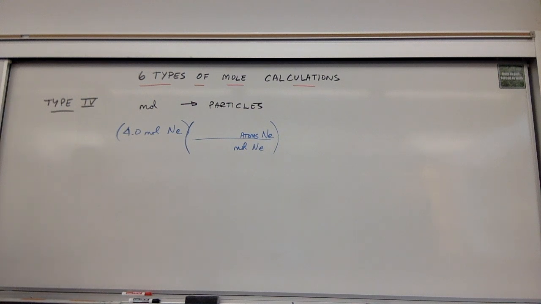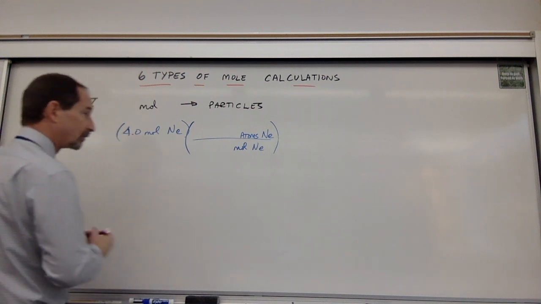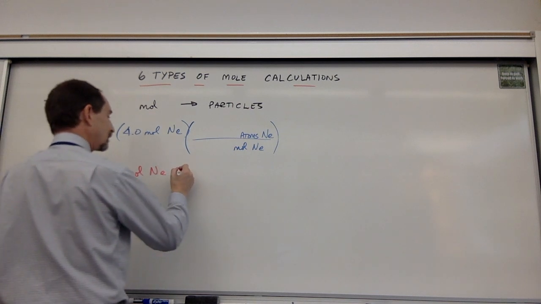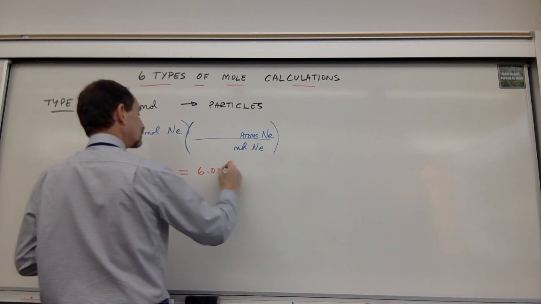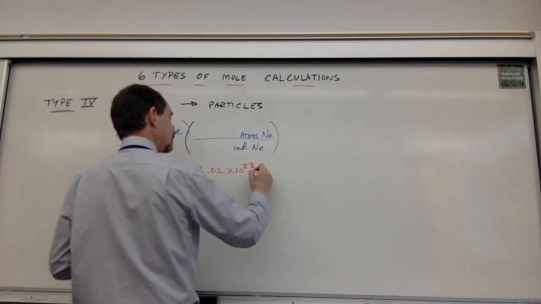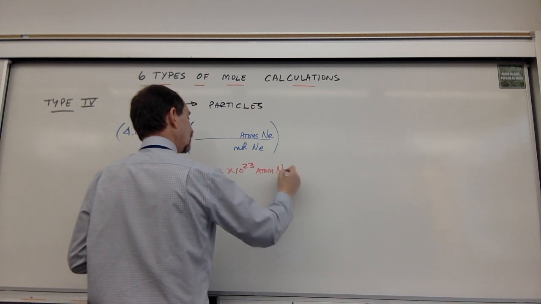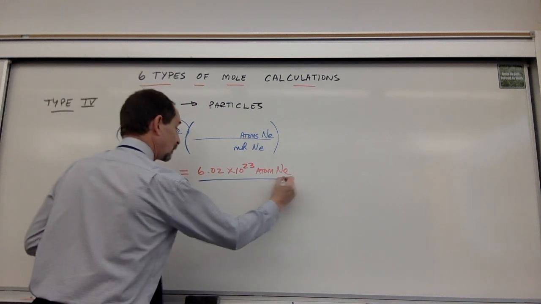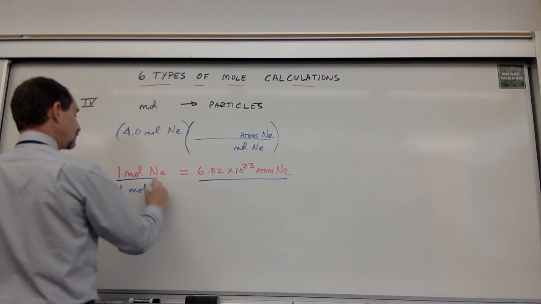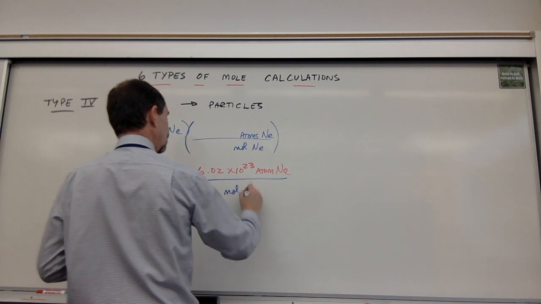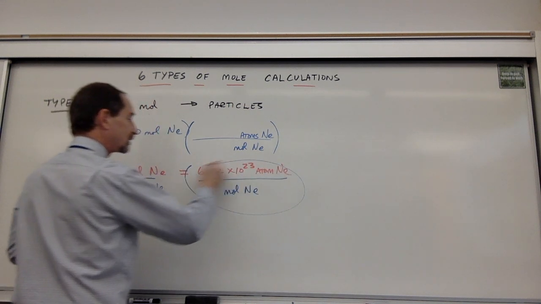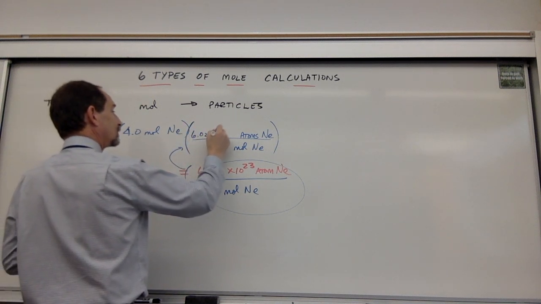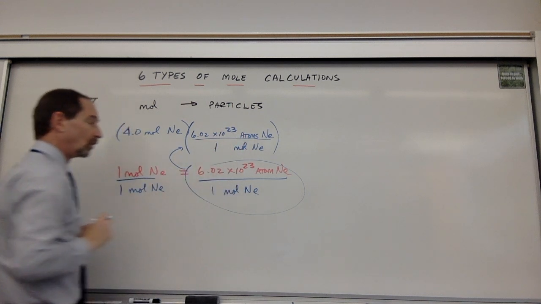Again, I need an equality that is going to generate a unitary rate for me. 1 mole of neon atoms will be equal to Avogadro's number, 6.02 times 10 to the 23rd atoms of neon. I'm simply going to divide both sides of my equation by 1 mole of neon, and then use this unitary rate in my calculation: 6.02 times 10 to the 23rd to 1 mole.